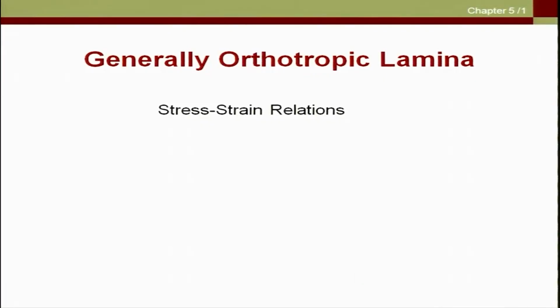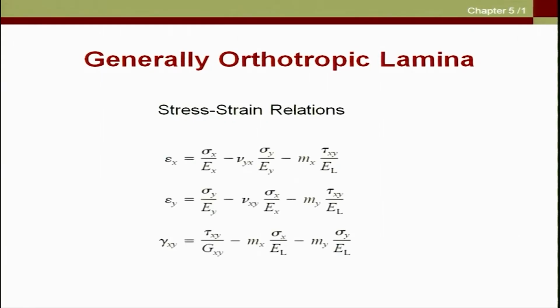So, what we had shown was that the stress-strain relations for a generally orthotropic lamina look something like this, where epsilon xx is equal to sigma x divided by Ex minus nu yx times sigma y over Ey minus Mx times shear stress divided by El.